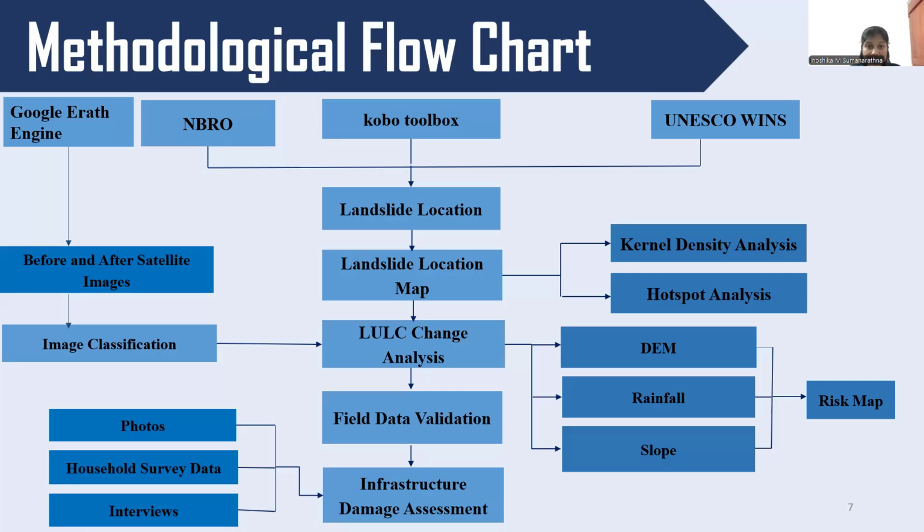Finally, field photographs, household survey data, and interviews were used to validate the results and assess the infrastructure damage. By combining remote sensing, GIS analysis, and field observations, the study provided a comprehensive assessment of landslide impact and risk patterns in the study area.